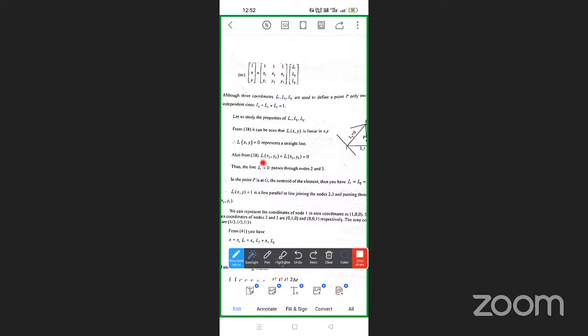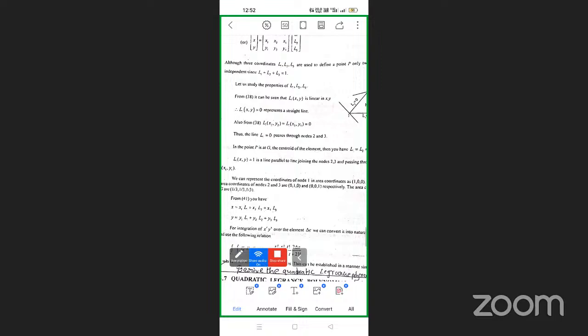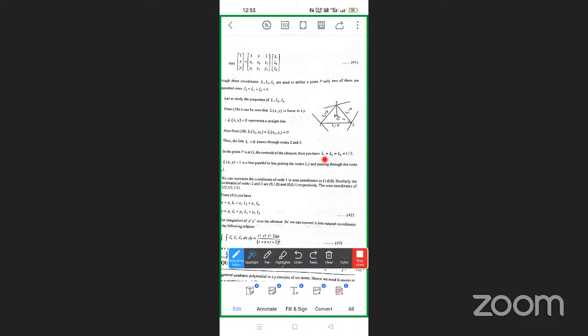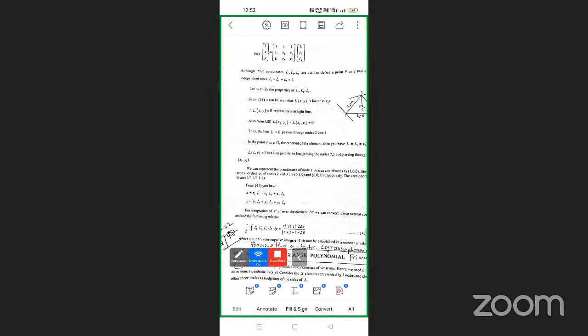Also, L of x2 comma y2 is equal to L of x3 comma y1 is equal to 0. So these are the points. L1 is equal to L2 is equal to L3 is equal to 1 by 3. This triangle can be divided into 3 parts, so L1, L2, L3 are all equal, 1 by 3, 1 by 3, 1 by 3.